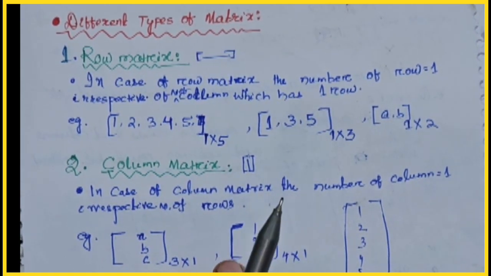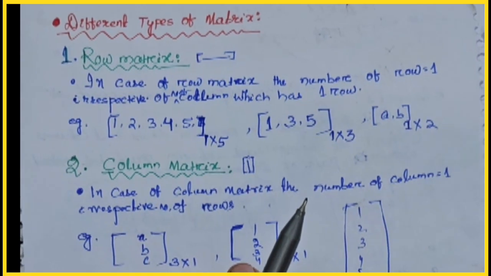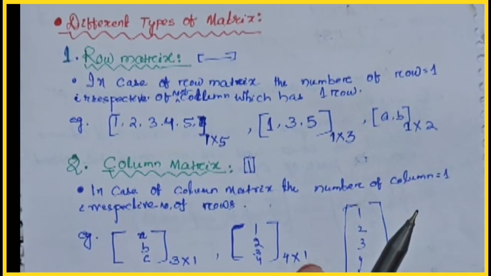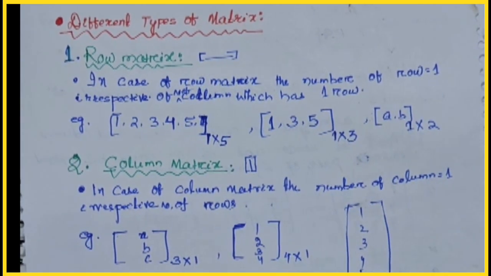So this is a 3 cross 1 matrix. This is a 4 cross 1 matrix. This is a 5 cross 1 matrix.